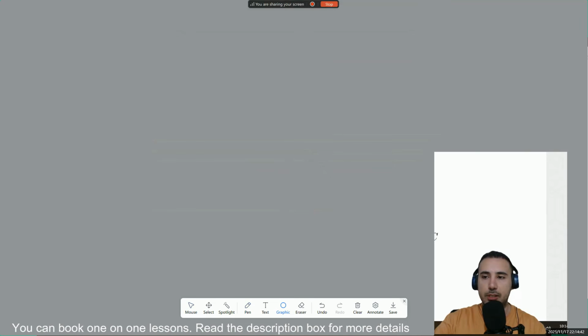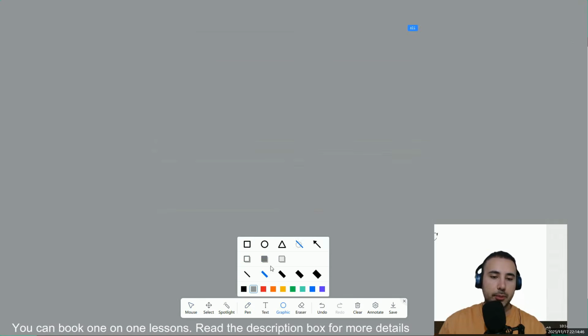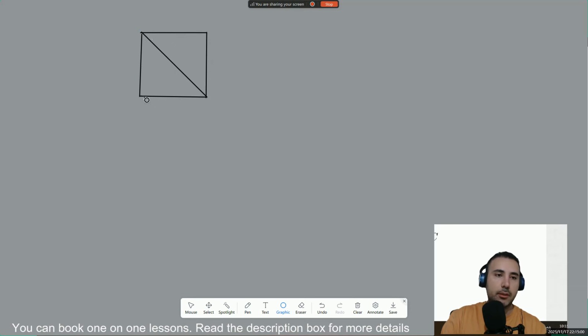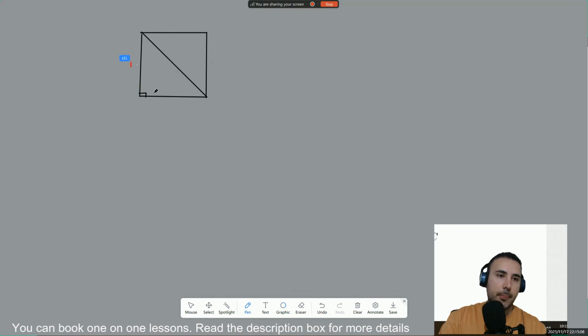So let's go and review special right triangles because we only have 2, right? Well, the first special right triangle is made from a square, right? If I draw this one, look, if this one is, for example, 1, this one is equal to 1.